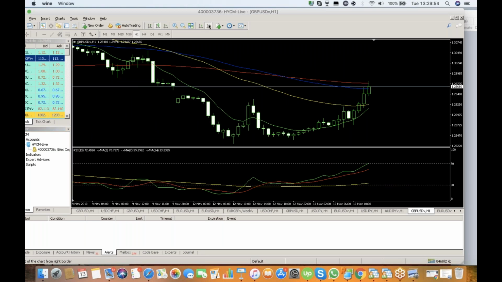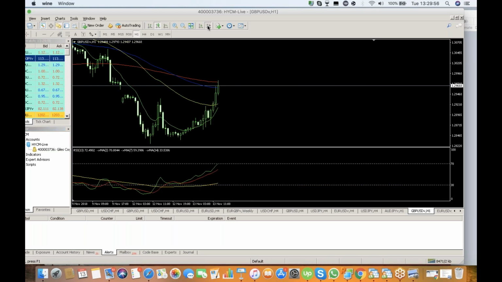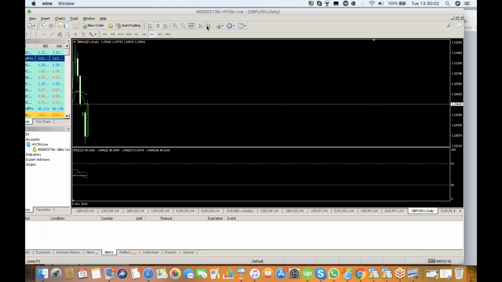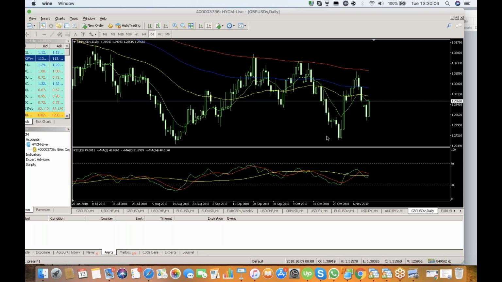Okay, so here we have the pound US dollar pair, and we're looking to buy. Now, first of all, let's just have a look where it is. Okay, so we're in a large range between 1.3300 and 1.2500. We're roughly in the middle of the range on the daily chart, so there's kind of room to roam either way we want.